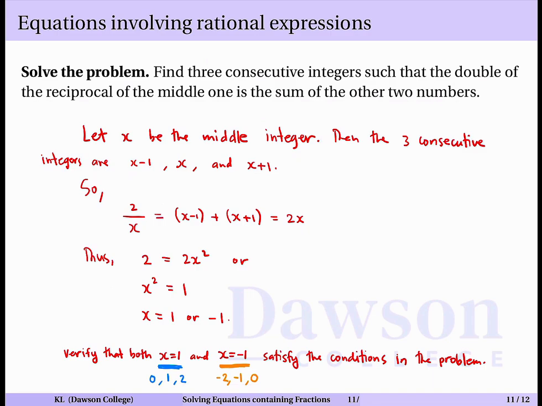So what I'm saying is both of them are answers, both solutions, both sets. So this one here and this one here. Take note, our goal is to find three consecutive integers.